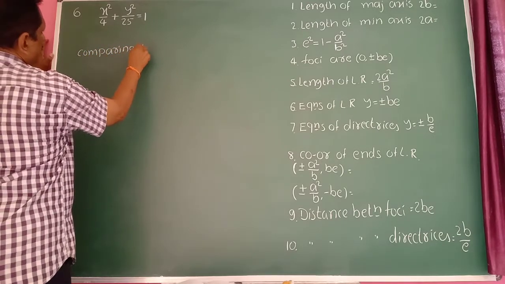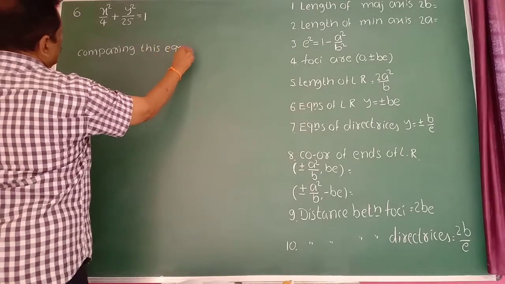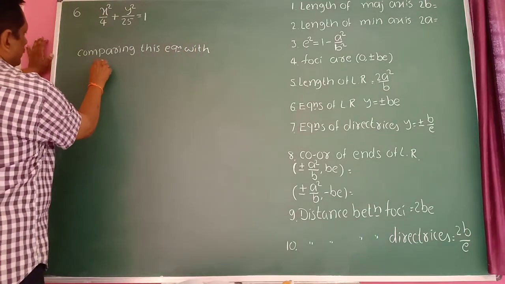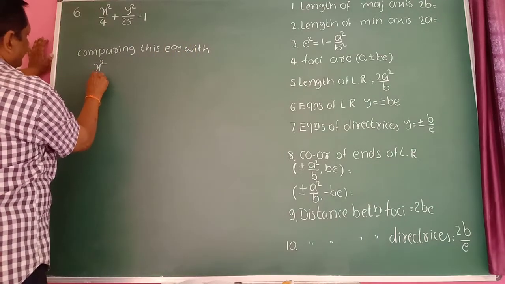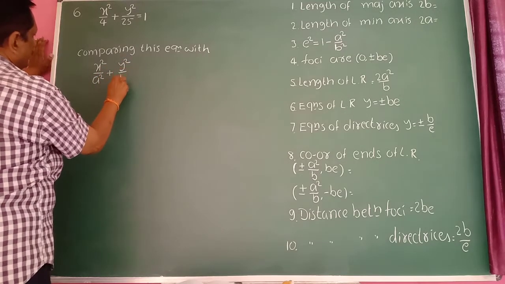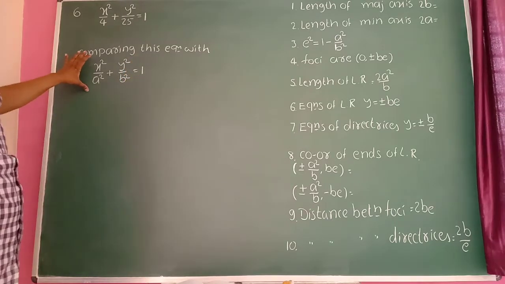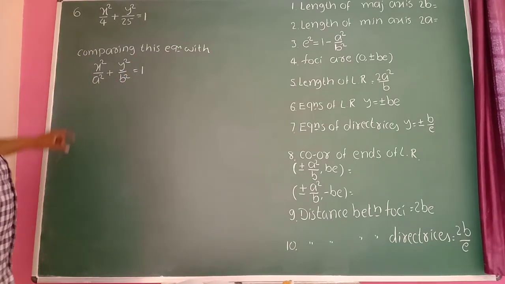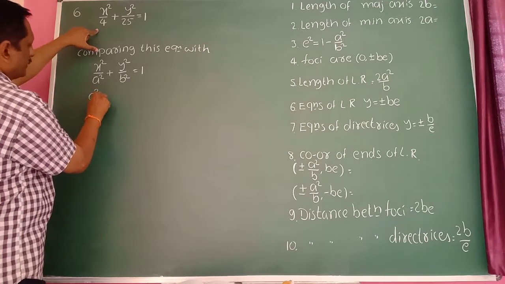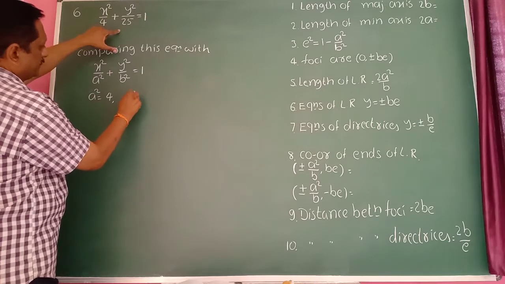Comparing this equation with x square divided by a square plus y square divided by b square is equal to 1, this is the standard equation of the ellipse. a square is equal to 4 and b square is 25.